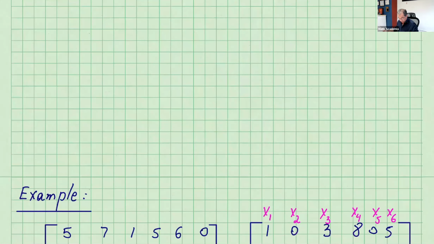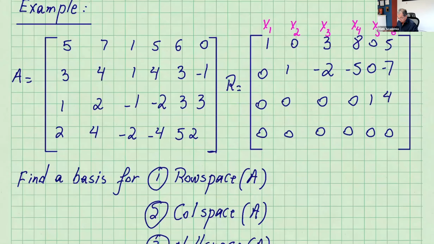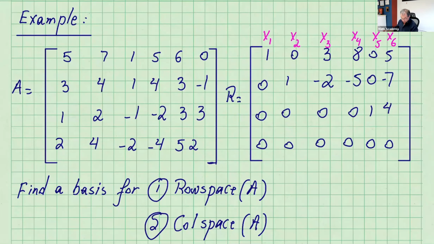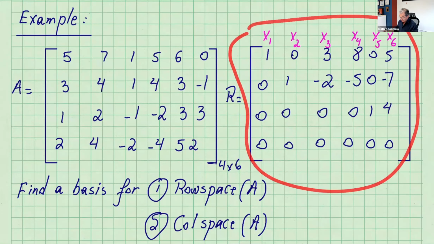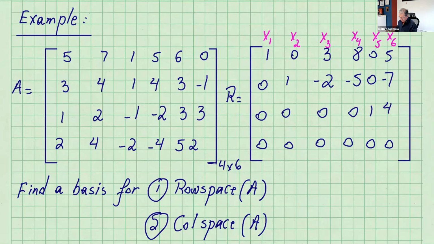Let's go over this example. It's a pretty big matrix. This matrix has 6 columns and 4 rows, so it is 4 by 6. The RREF, I already calculated, or it will be given to you for those big matrices, or you can use technology to find it.